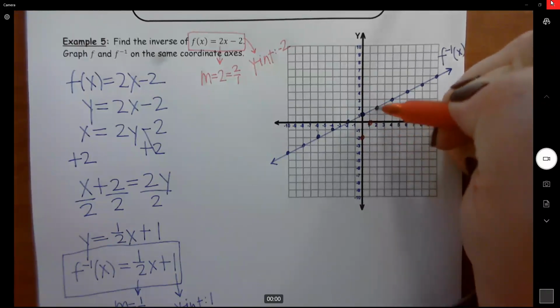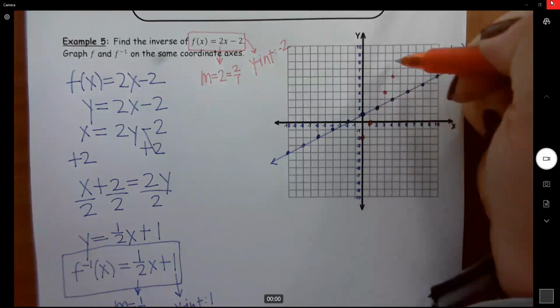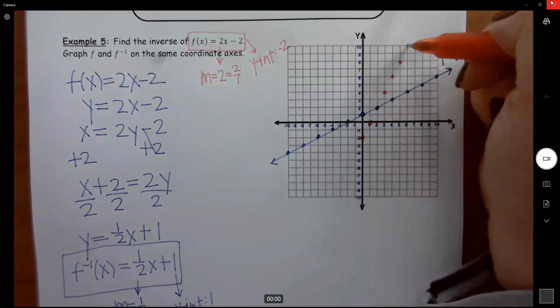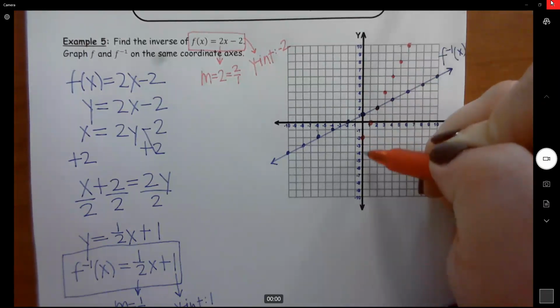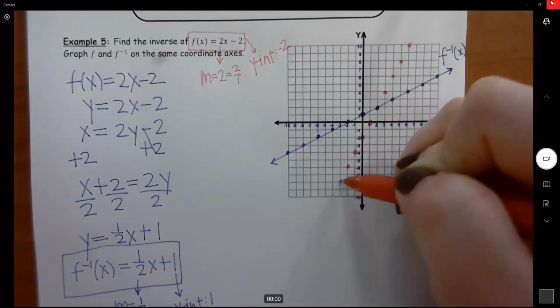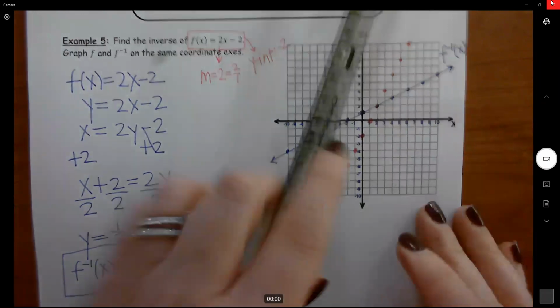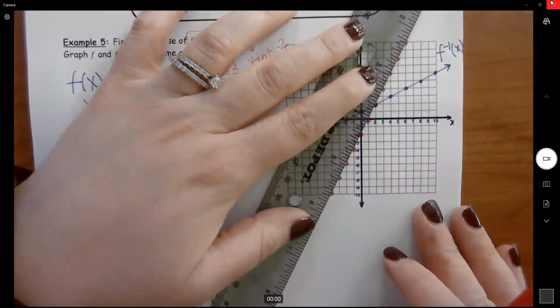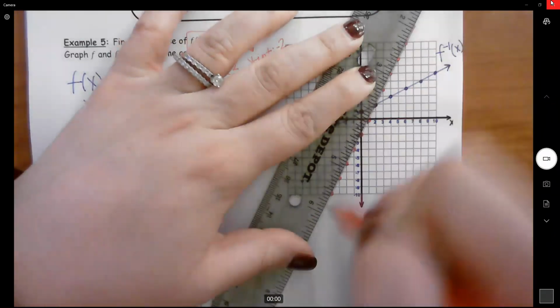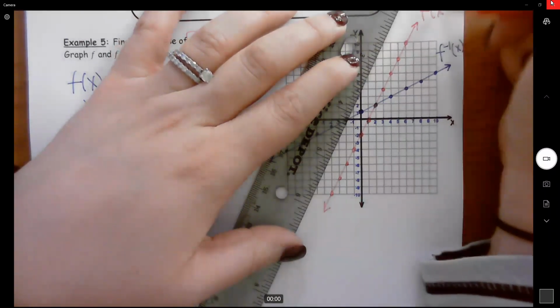Up 2 over 1, and I'm going to go again along this whole graph. And here is my function.